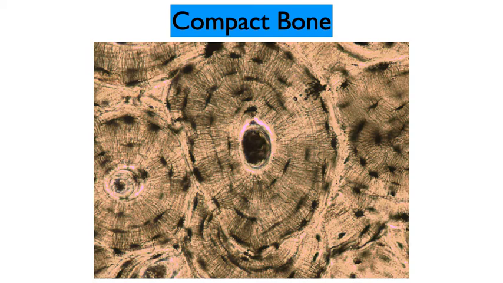So that haversian canal with its concentric lamellae that you can see radiating out from that central position, you can see it's kind of layered. It looks almost like you cut across a tree trunk and you're seeing the concentric rings in a tree trunk.